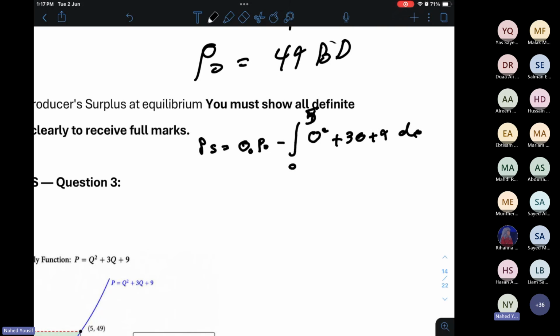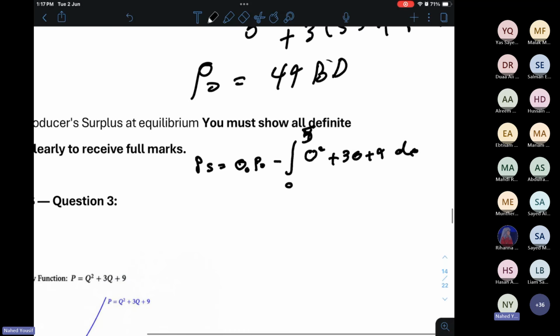So we can just do the calculation here. And we know that P naught is just, as we did it here, 5 and 49. We have to multiply it and subtract the value. So let us first find this value, then subtract it from what is given.